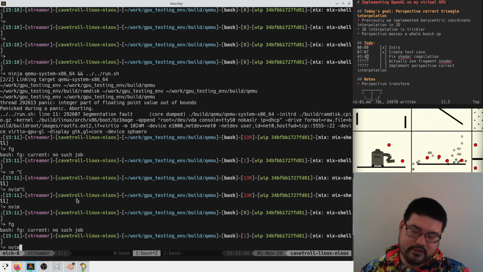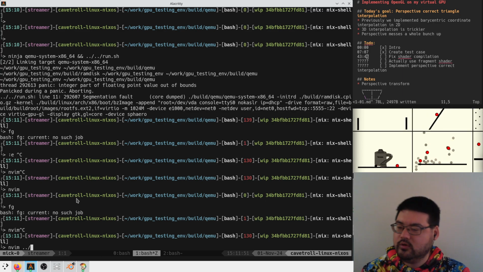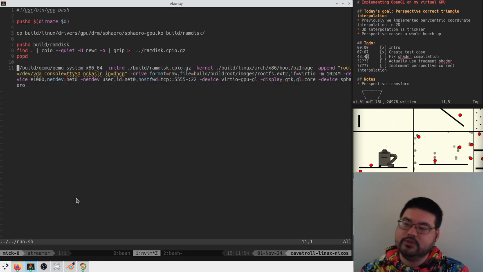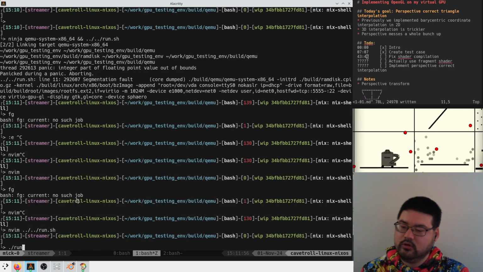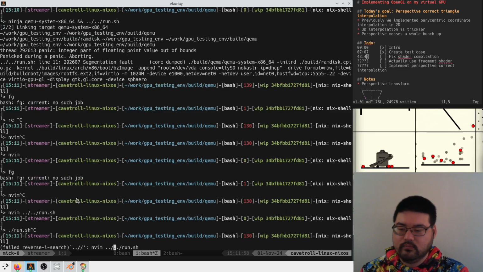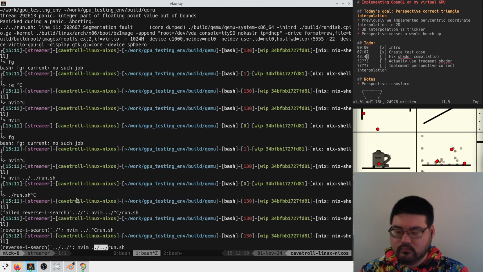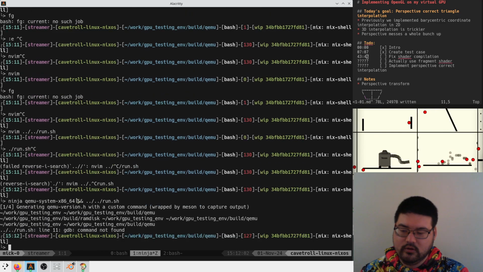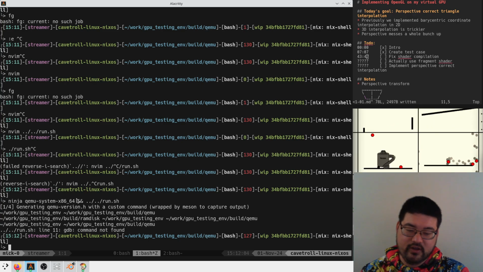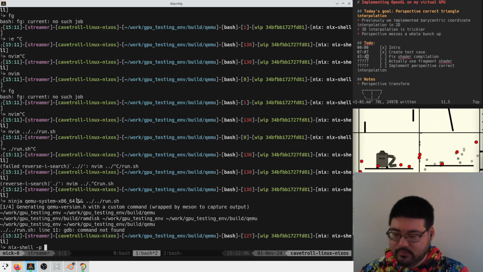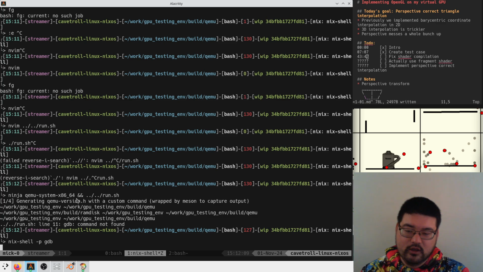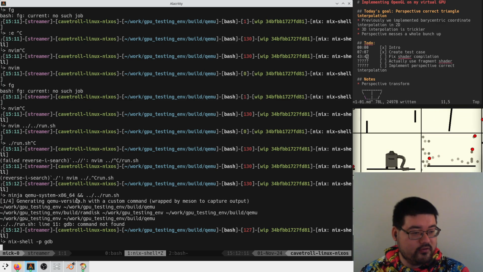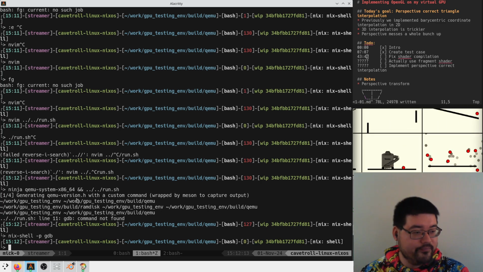Let's run our virtual machine with GDB. Okay. GDB not found. Fine. We will install GDB in this VM or in this environment.